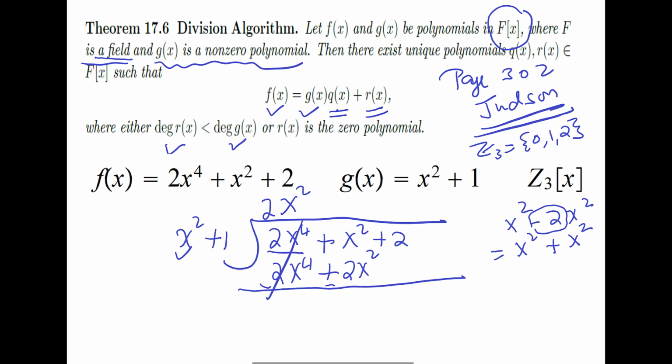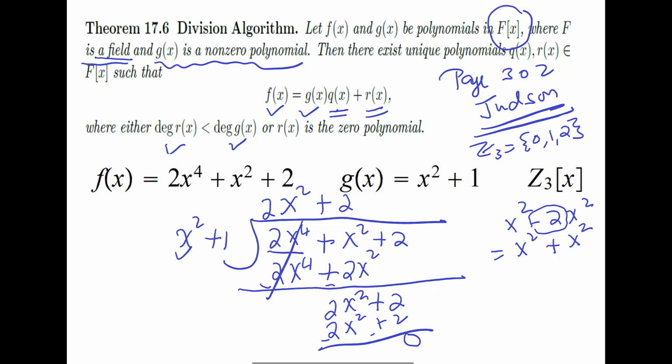So on the bottom, we get 2x squared plus 2, right? And now, in order to obtain that, we have plus 2 here, multiplied by 2, we get 2x squared plus 2, and here the remainder turns out to be 0.